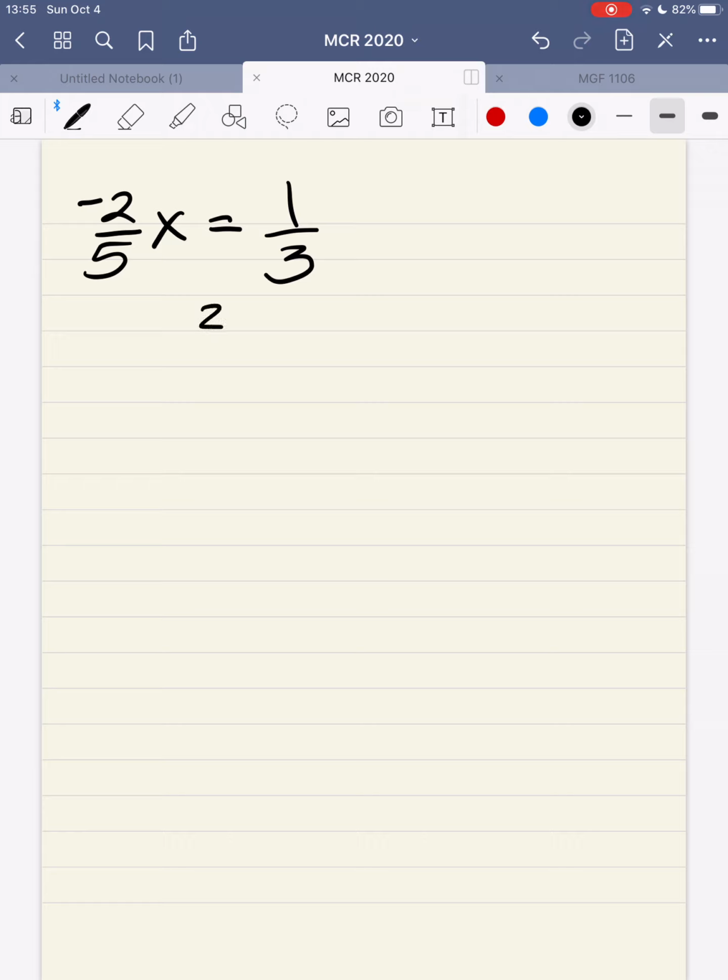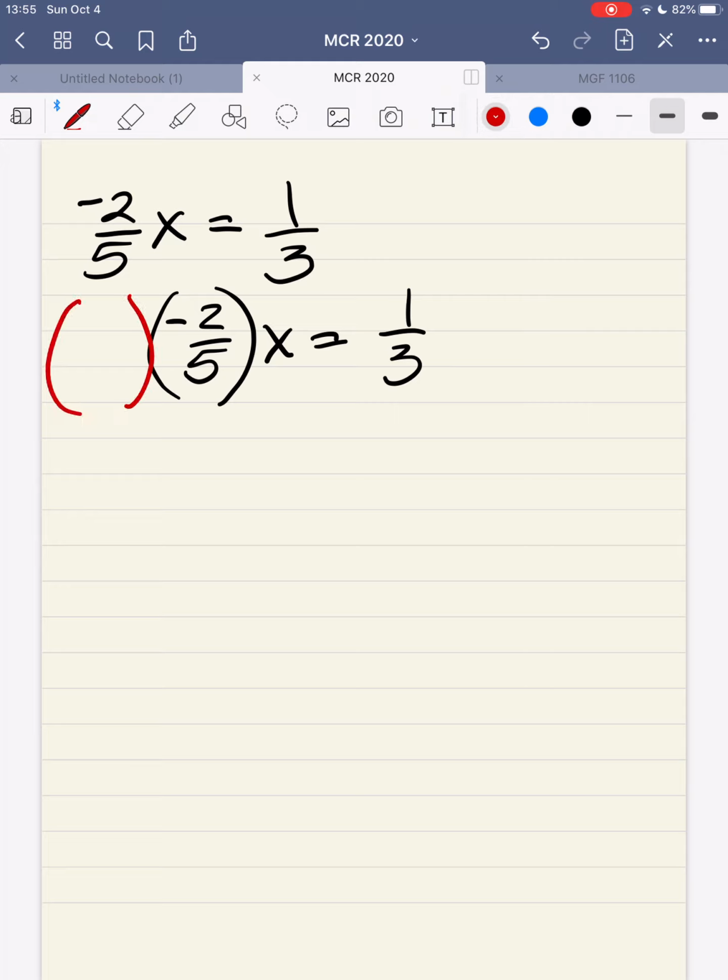So if I have my 2 over 5, it's negative, x is equal to 1 over 3. If I want to go ahead and multiply by the reciprocal, which is the flip of this, which is 5 over 2, but it also has to be negative so I can get a positive value. Whatever I do to one side, I got to do to the other.